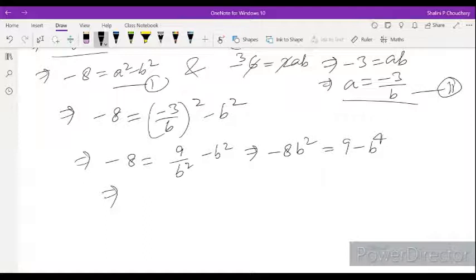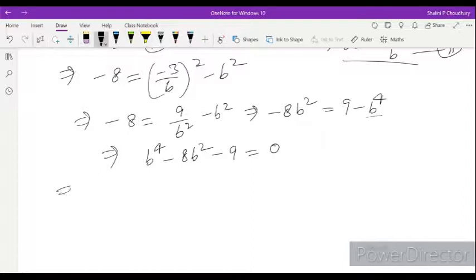It means b to the power 4 minus 8b square minus 9 will be equal to 0, because the minus term comes to this side and becomes positive.